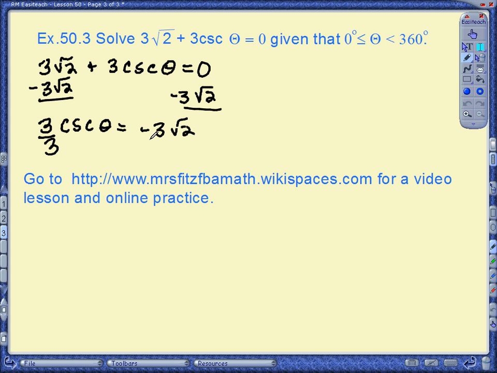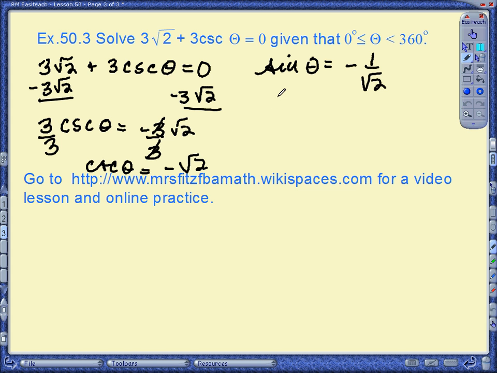We're going to divide through by 3. And we're going to get that the cosecant of theta equals negative root 2. The 3's will cancel out. Okay, well, if cosecant of theta is negative root 2, this is another reciprocal function, and it's the reciprocal of sine, so I know that sine theta has to be negative 1 over root 2.